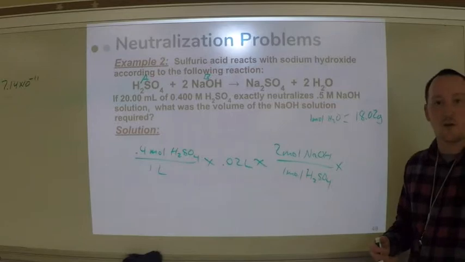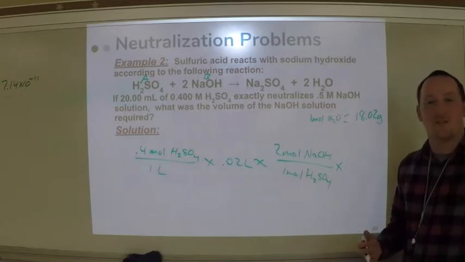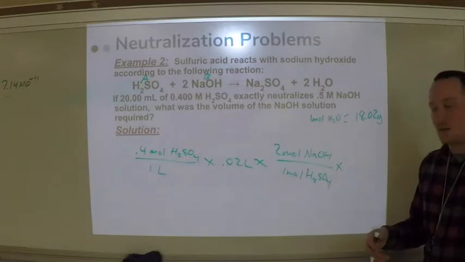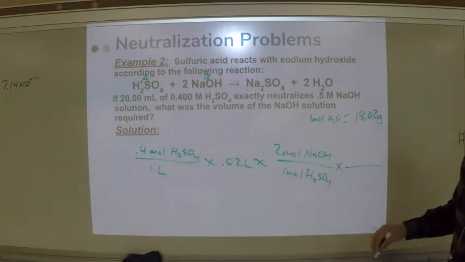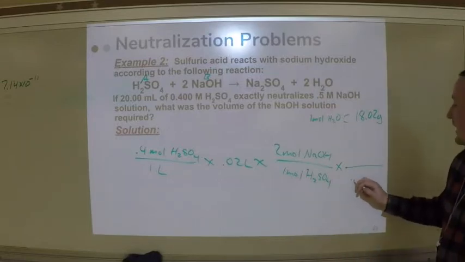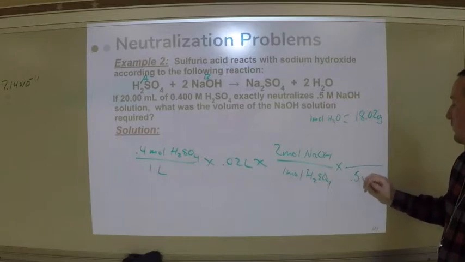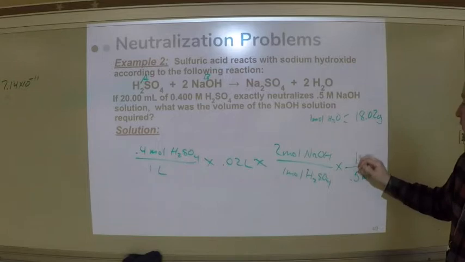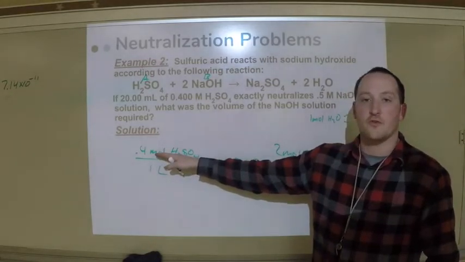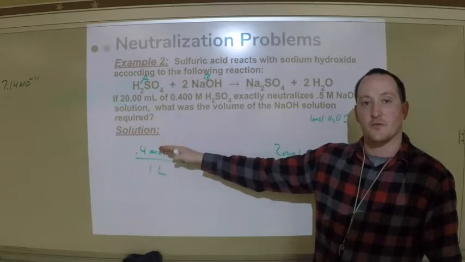So in the next step on our mole map, it said we needed to divide by molarity. Technically, if I wanted to get to my liters, since the molarity of my NaOH solution is 0.5 molar, it means I have 0.5 moles of NaOH for every 1 liter. I can reverse that. Notice how I put the 0.4 moles of H2SO4 on top here.